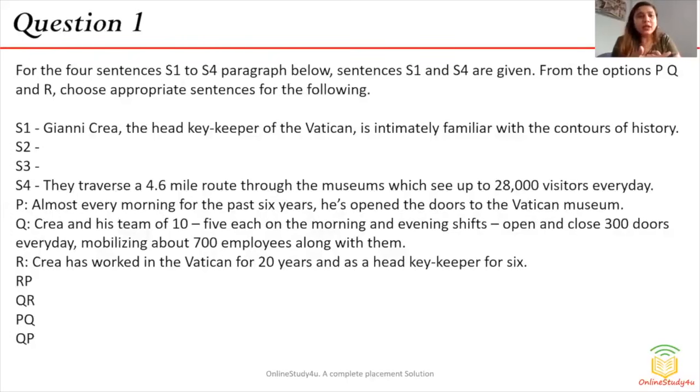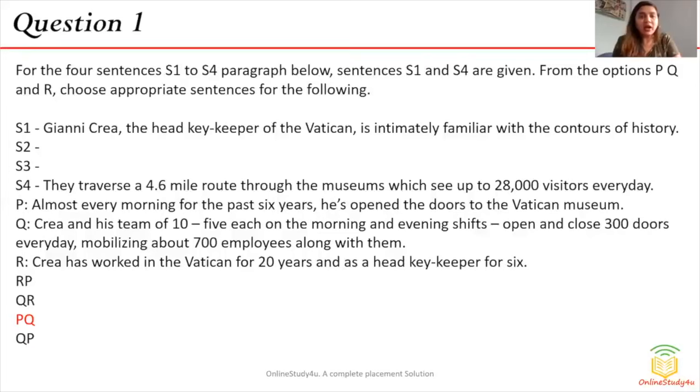So Q has to be sentence 3, right? Now, if you look at the answer options, you have RP, QR, PQ, and QP. So there is only one answer option where sentence 3 is Q, right? Which is Crea and his team of whatever. So our only answer option is the third answer option, which is PQ.